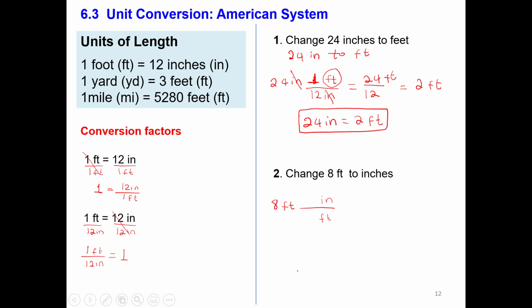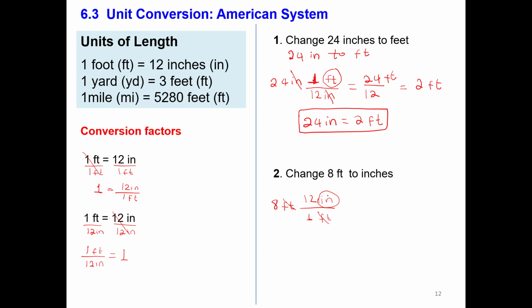In this case we use 1 foot and 12 inches, and this is the right conversion factor because the feet cancel out and the final answer is in inches, the unit we want.